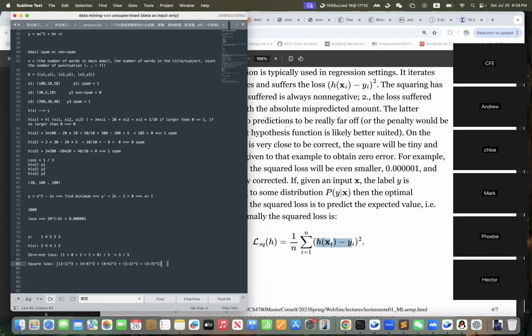And maybe Chloe, you see this is a square loss function, right? But we are still missing one thing. So what do we miss? You can compare with this formula. We are still missing one part. So what should we apply on this? Is this the loss we want to get?